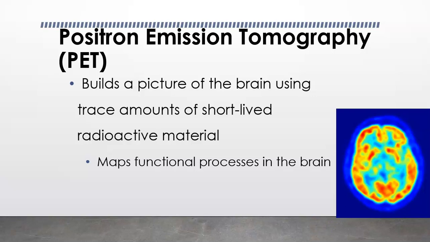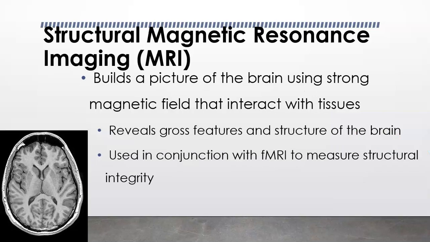Now, we do have more advanced imaging techniques as well. The CT scan and PET scan are relatively cheap compared to an MRI. An MRI stands for magnetic resonance imaging, and a normal MRI looks at structure, okay?